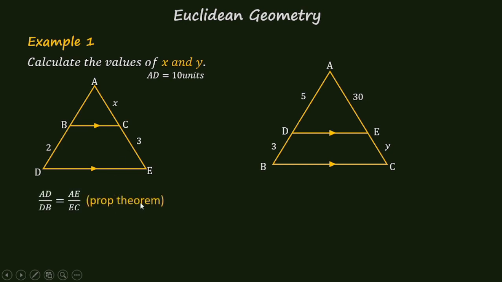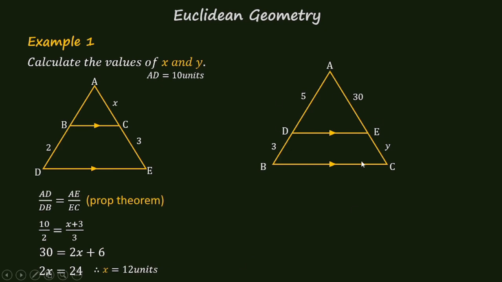You always need to show which theorem you are using to arrive at this statement. We know it is the proportion theorem because DE is parallel to BC, shown by these arrows. Then all we have to do is to substitute the values. Remember, AE is the whole side, so it will be x plus 3. And then we can simplify this to find the value of x, in which case x is 12 units.